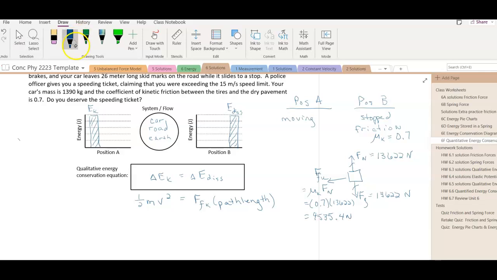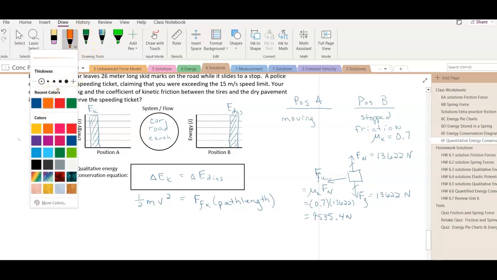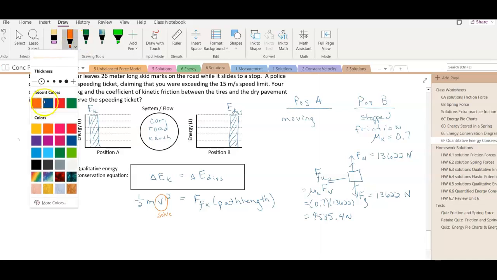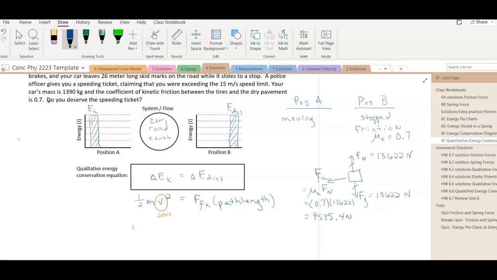The thing that I'm looking for, because I want to be able to tell that policeman I was not speeding, I'm going to solve for the velocity over there at position A. And so half of the mass times v squared equals that friction force, 9,535.4, times the path length.